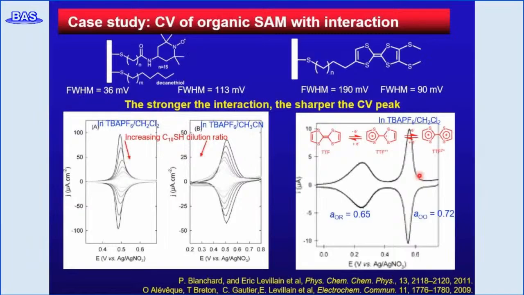This CV indicates that both values of A, which indicate intermolecular interactions, are due to attractive interactions, especially in the presence of the dication, which gives sharp peaks due to the strong attractive interaction between the pi-stacking structures.